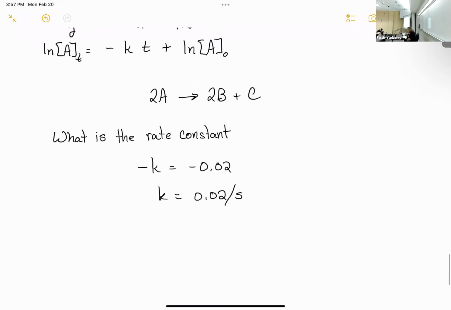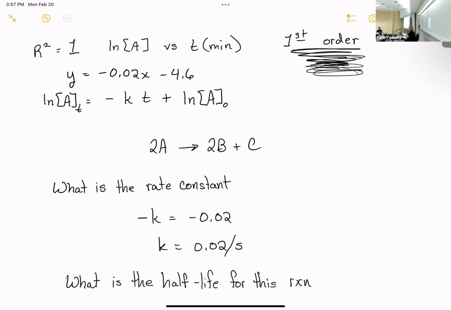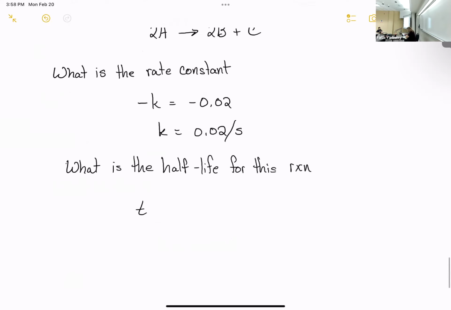I could say, okay, so what is the half-life for this reaction? Because it is first order, that means that T1/2 is equal to 0.693 divided by the rate constant.